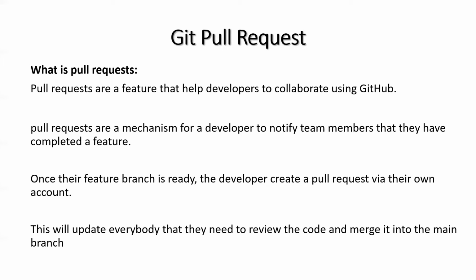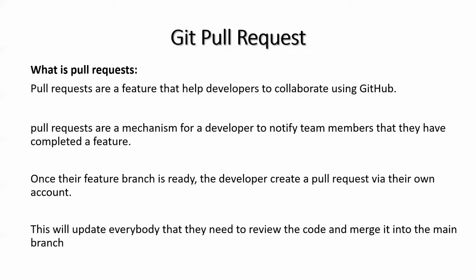They can review the code and provide comments if there is any need for improvement or enhancement. They can add comments on the code in the PR, and then they can discuss what is the best approach, how they can improve the quality of the code, and collaborate and discuss on the pull request.